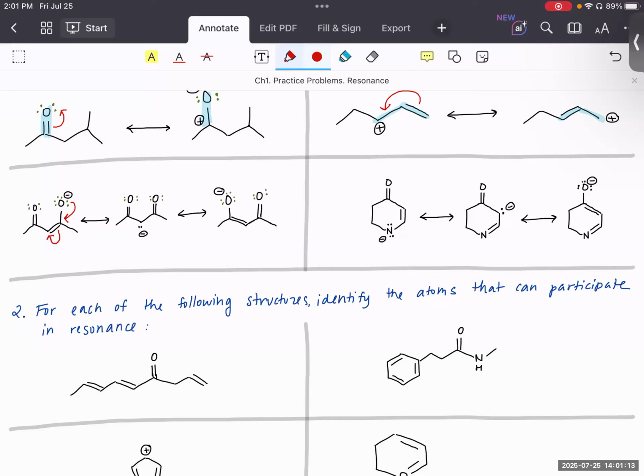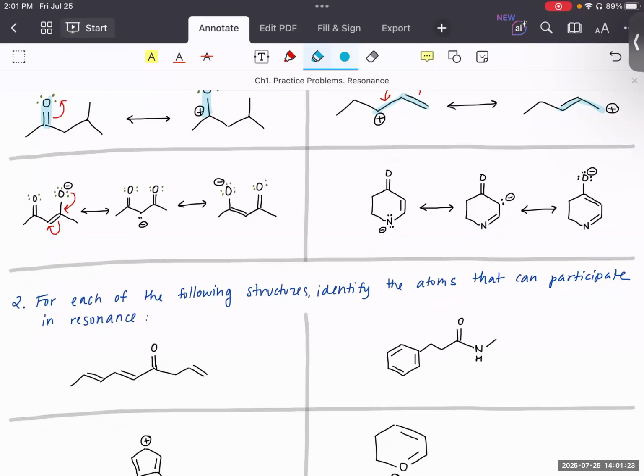That also aligns with having this lone pair of electrons that corresponds to where those were in the first place. Let me color code this to help illustrate. This double bond right here ends up as those electrons there, and then this green highlighted electron pair ends up in this double bond right here.